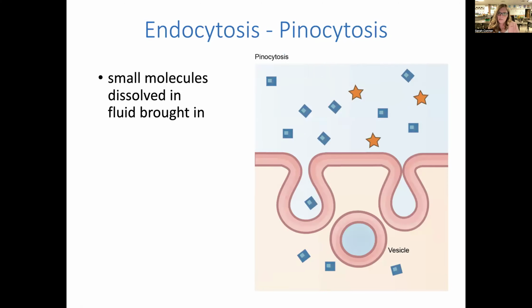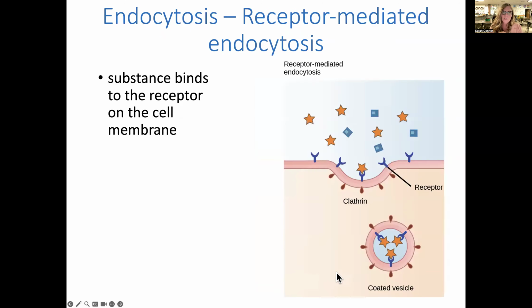Then we have pinocytosis, where small molecules dissolved in fluid are brought in by the same process. The cell membrane wraps around what it's trying to pull in and pinches off. We have that vesicle, and then we release it into the cell. Again, this also needs energy to work.